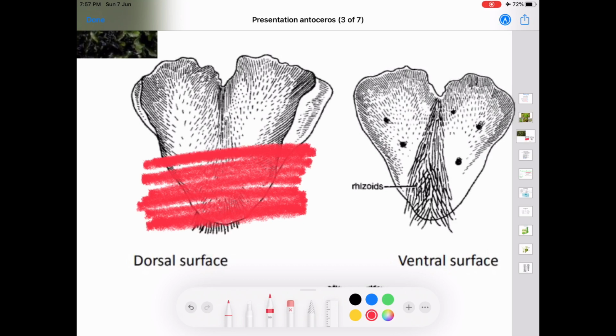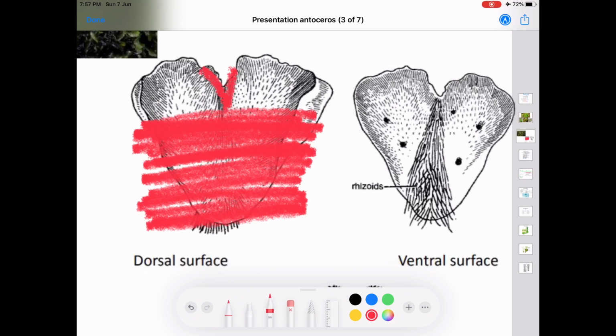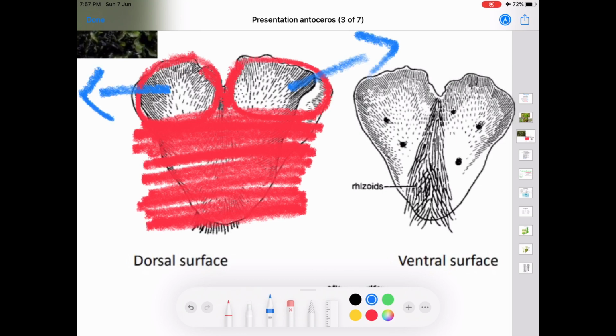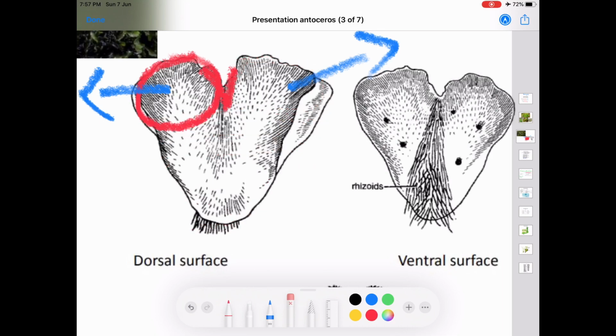When this decay reaches the place of branching, the lobes of the thallus get separated. Each detached lobe develops into a new plant. This is developing into a new plant, and this is also developing into a new plant.